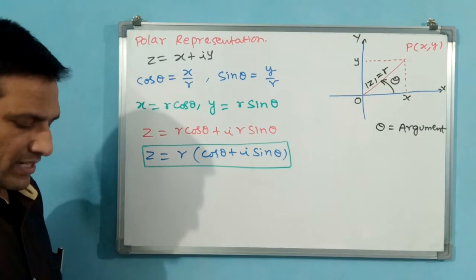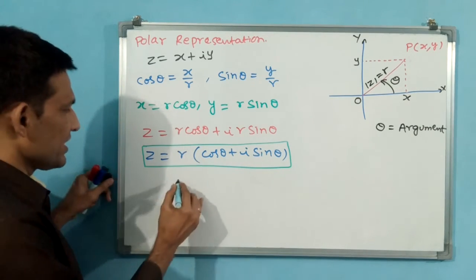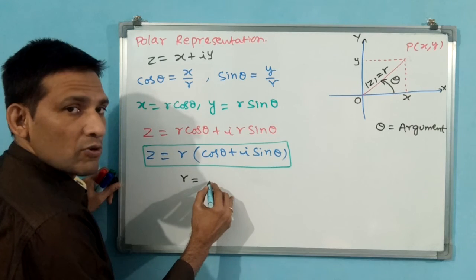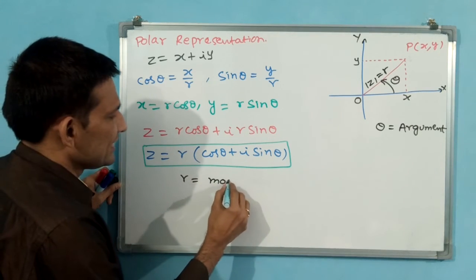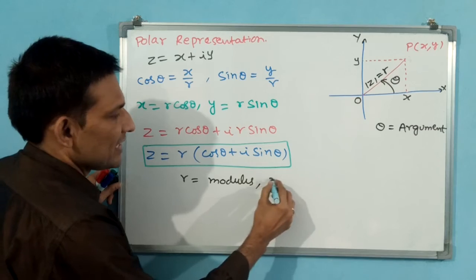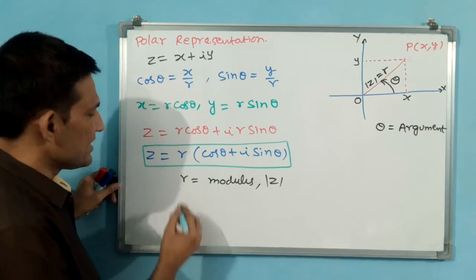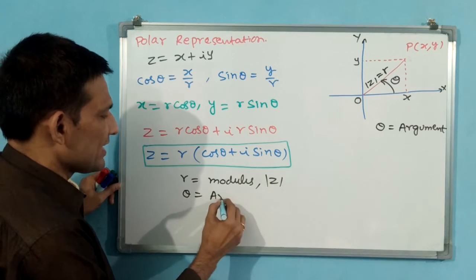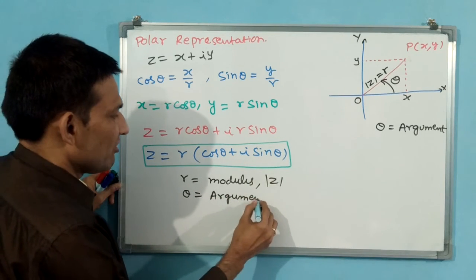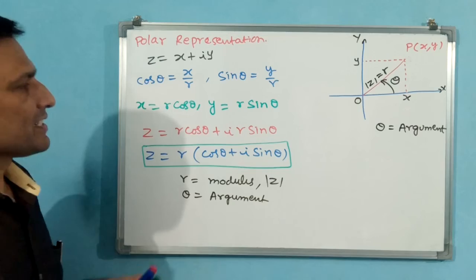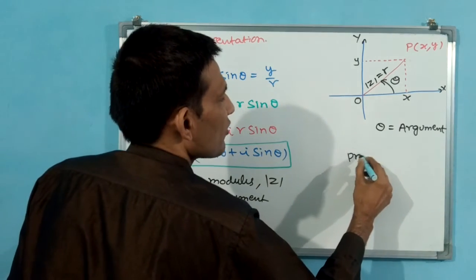This is polar representation. In this polar representation, r is modulus, or |z|, or hypotenuse, or distance, and theta is argument. Now what is theta and what is the restriction on principal argument?